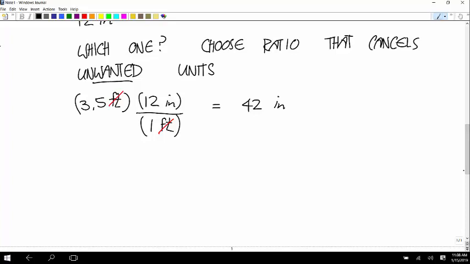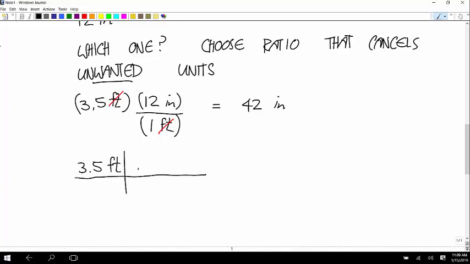And just to save a little time, because sometimes these are sort of cumbersome expressions, I'm going to write it in this format, 3.5 feet. There's the fraction bar. And these vertical lines are just showing where the parentheses end and begin.